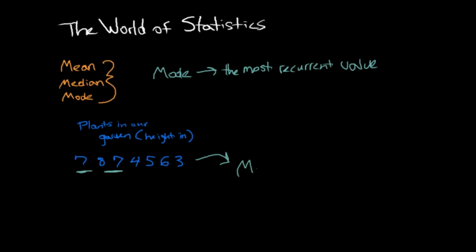So in this case, our mode would be 7 inches, meaning that the most plants of a recurring value are in the 7 inches range. So that's how you calculate the mean, median, and mode for this specific data set.